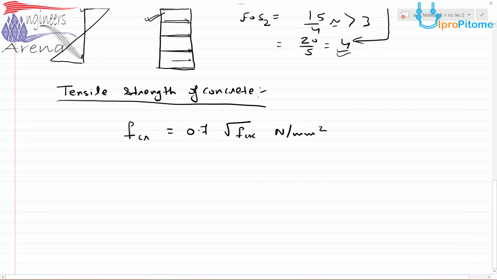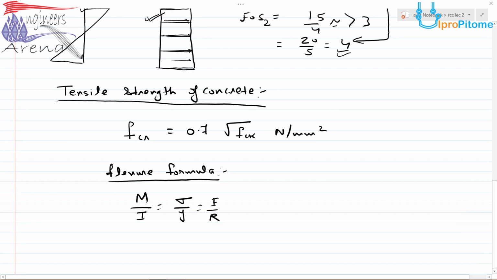Now let me explain this in detail. You must have studied the flexure formula in strength of materials. The basic formula you must be knowing: M by I is equal to sigma by Y is equal to E by R. Suppose we are taking a concrete section, there is no steel in it, only concrete.